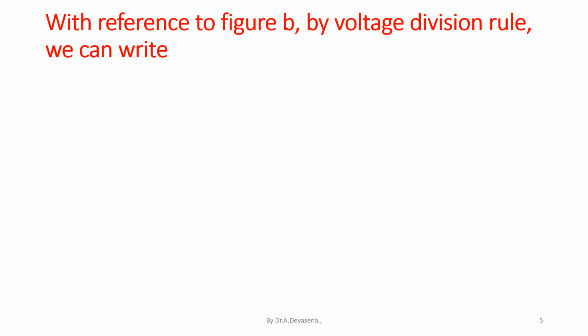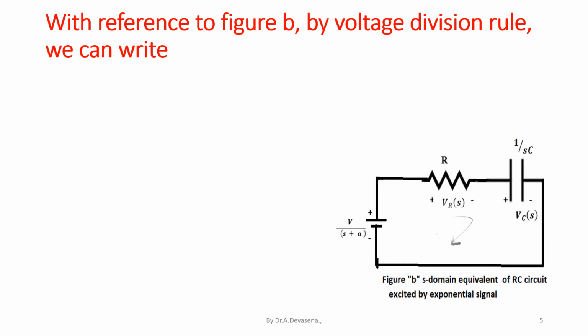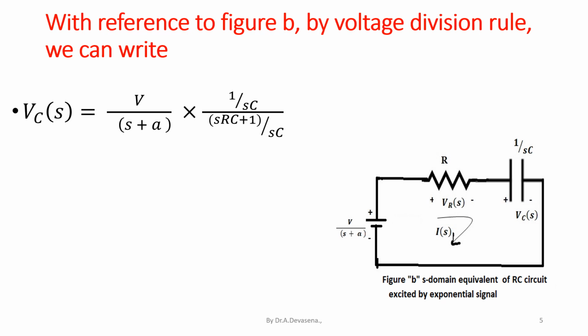With reference to figure B, by voltage division rule, we can write V_C(s) is equal to V divided by s plus a into 1 by sC, the whole divided by R plus 1 by sC.